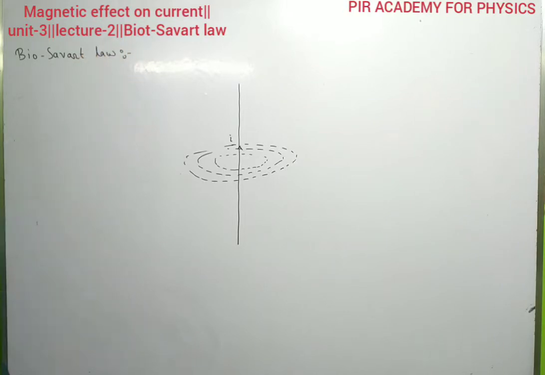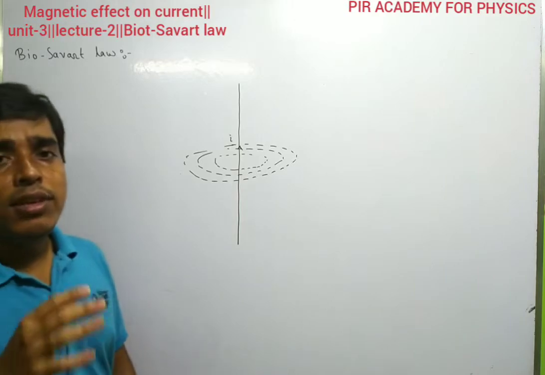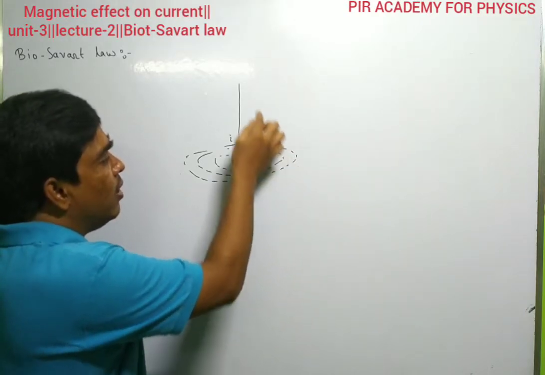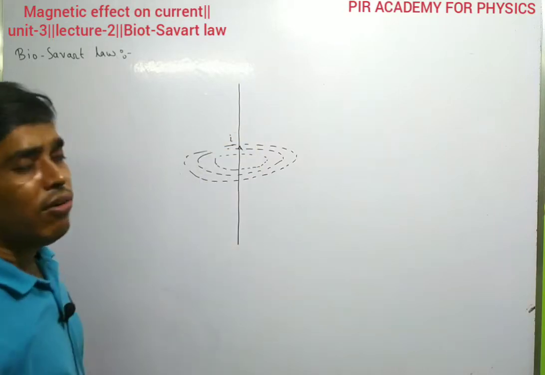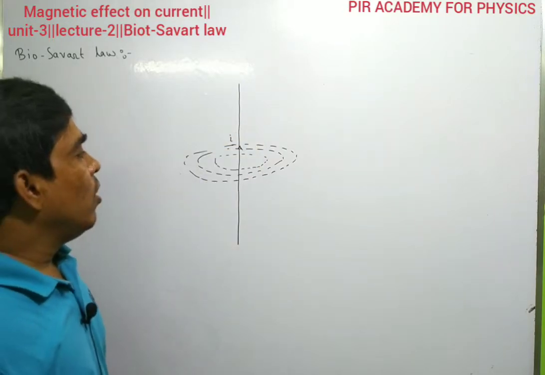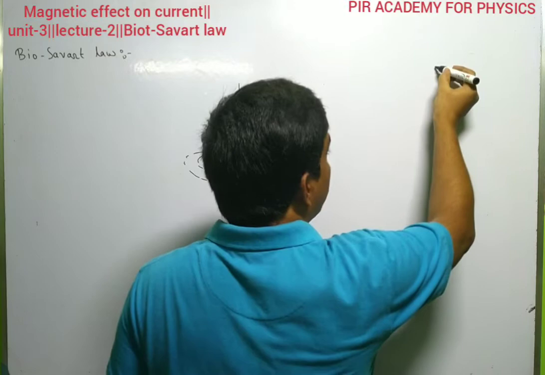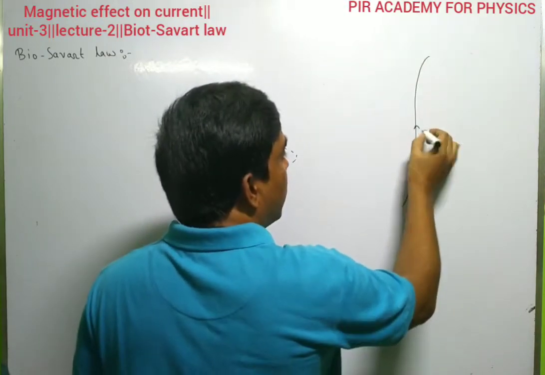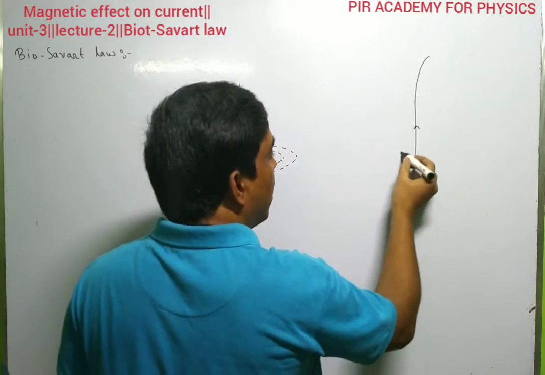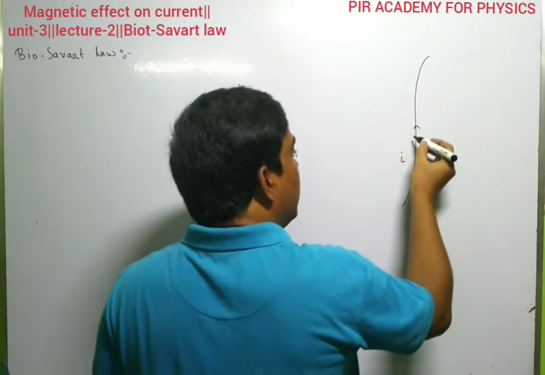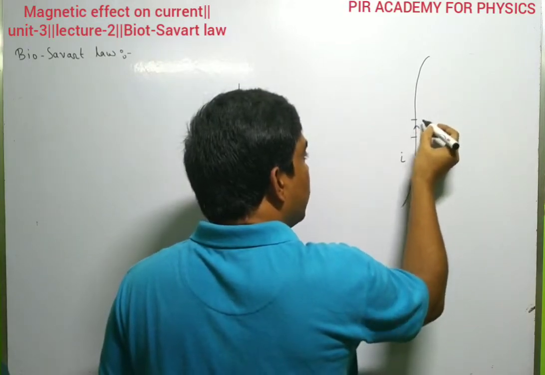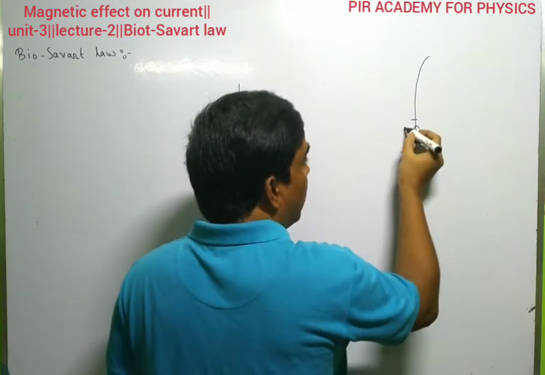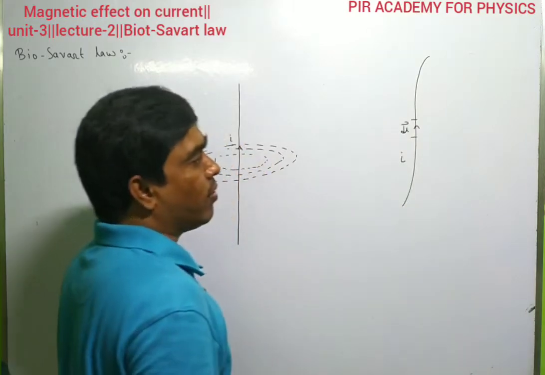Biot-Savart law is used to determine the magnetic field due to a current carrying conductor. Suppose this is a current carrying conductor, here the current is I, and I take a very small infinitesimal length dl.